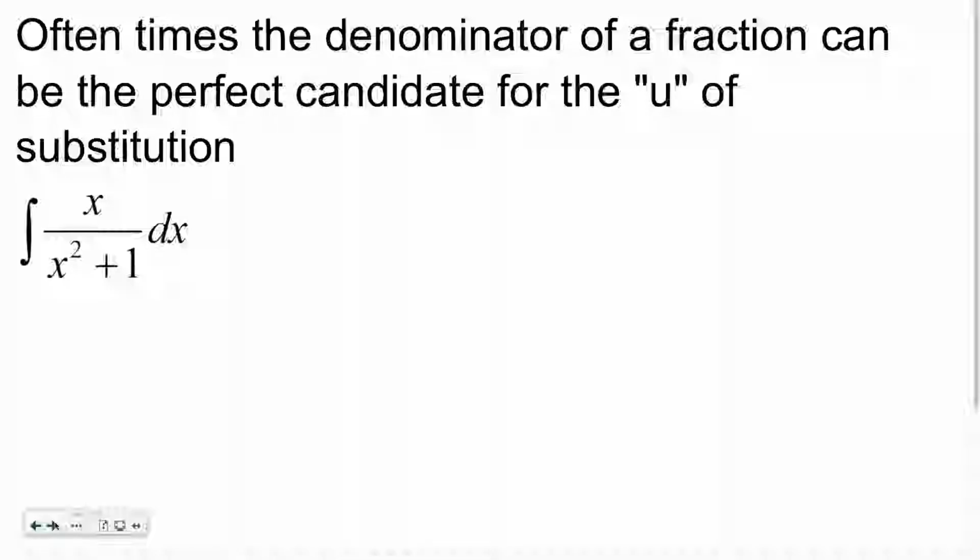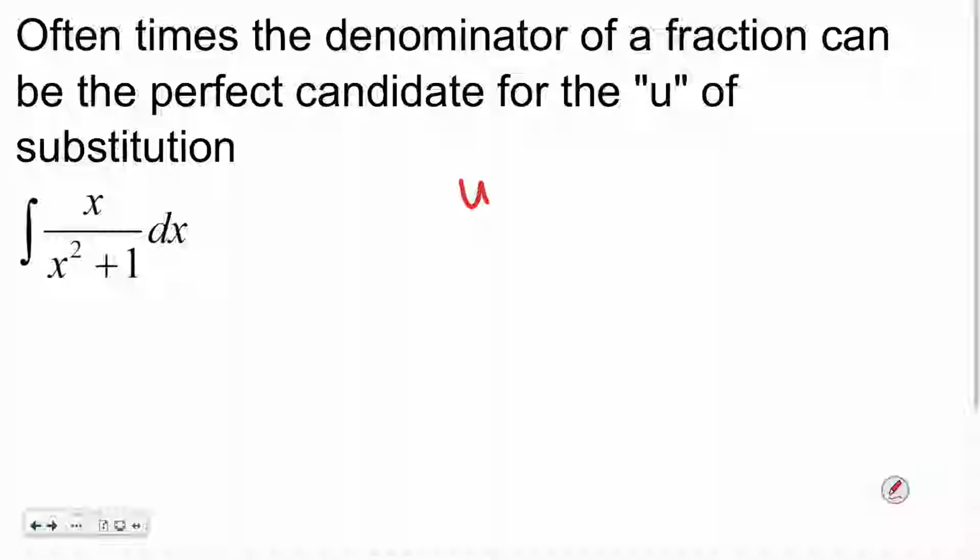Okay, so sometimes our denominator may be the perfect candidate for our u substitution. Do you notice here how I have a fraction where the denominator is 1 degree higher than the numerator? That's a good sign, right? Why is that a good sign?